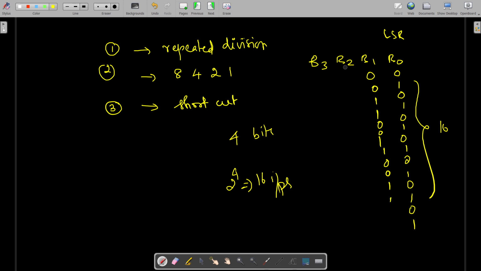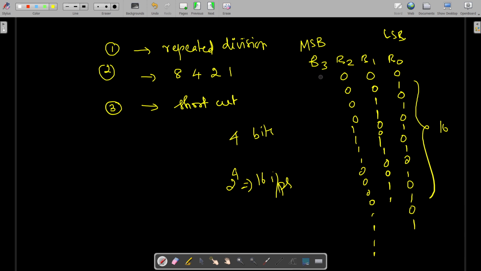Okay, then for this B2 it is 4 zeros followed by 4 ones, like that you can write. Again 4 zeros followed by 4 ones, like that you can do it. Okay, B3 is the last, the MSB bit, isn't it? Most significant bit. The LSB is the least significant bit.